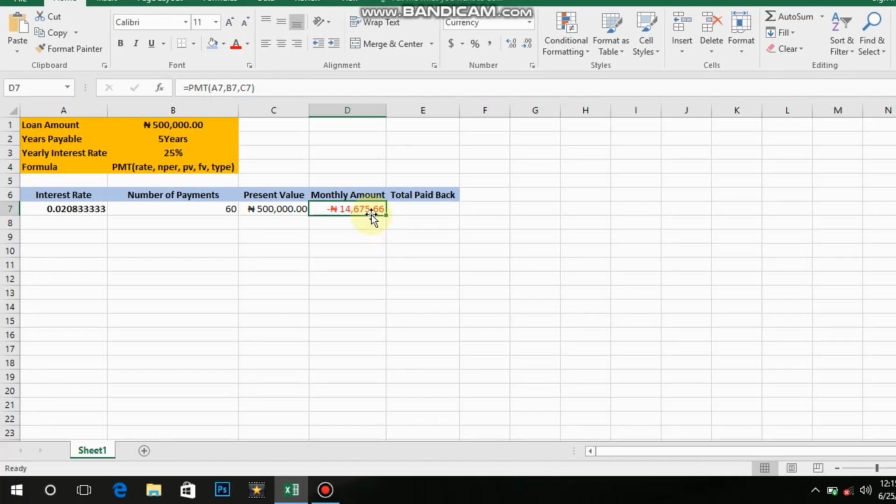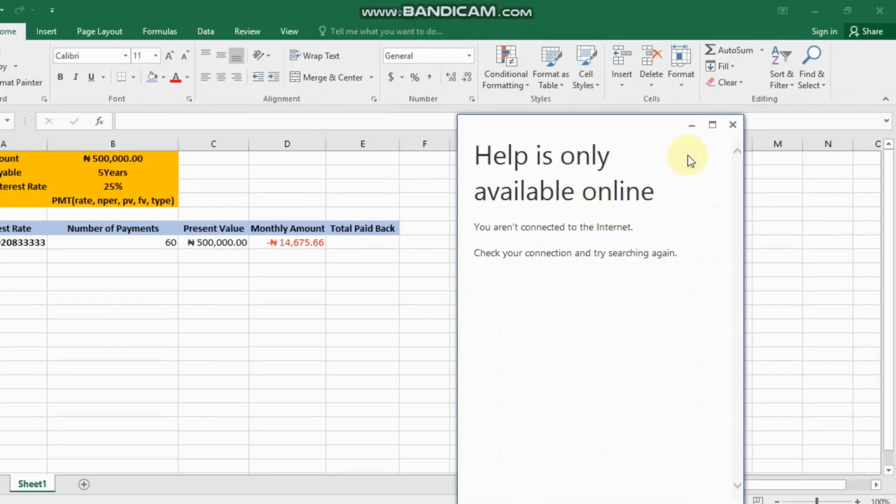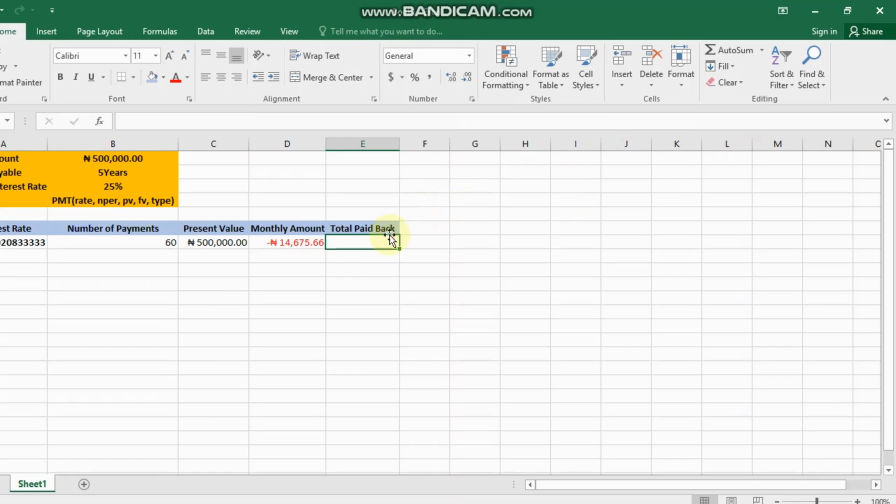So if this is the amount expected to be paid monthly, how much is paid in all? The total amount expected to be paid back in 5 years will be the monthly pay times the number of months.